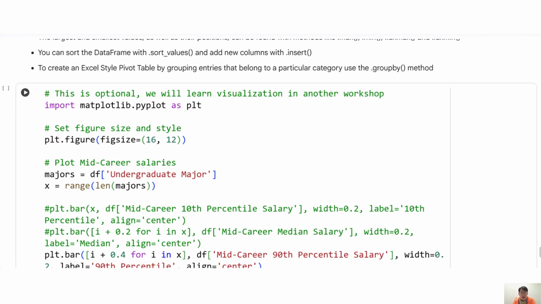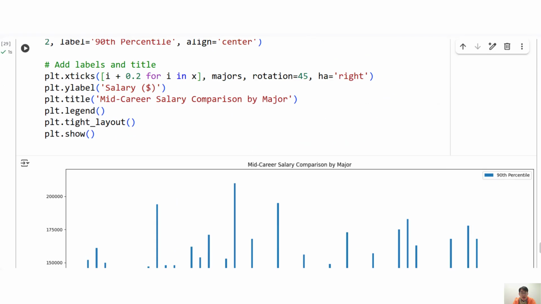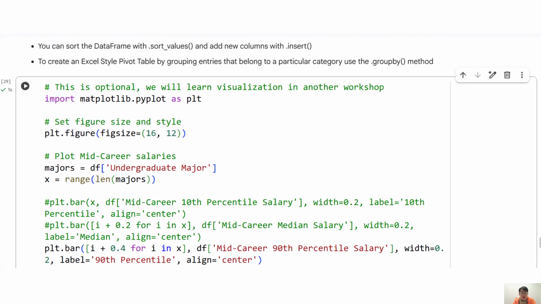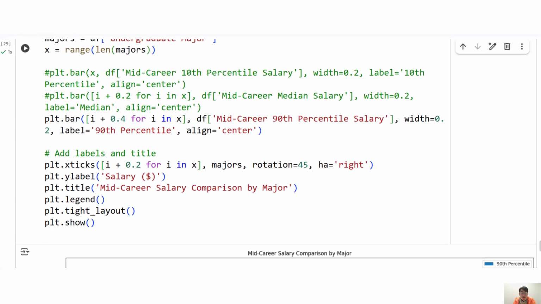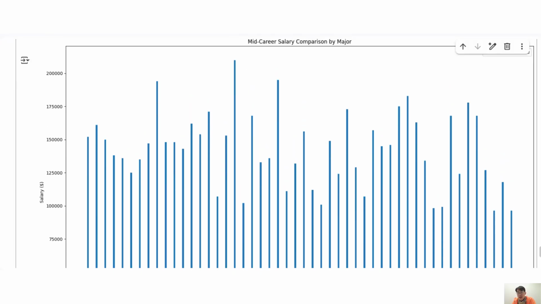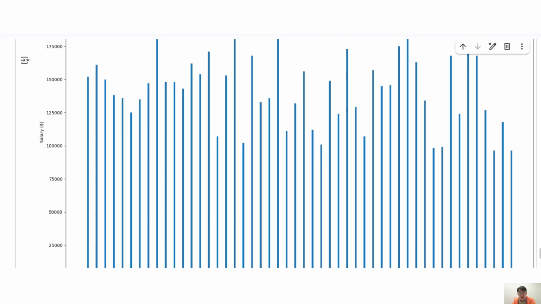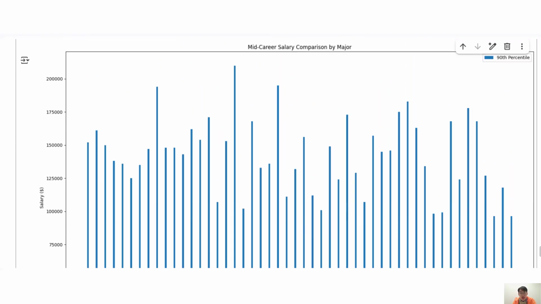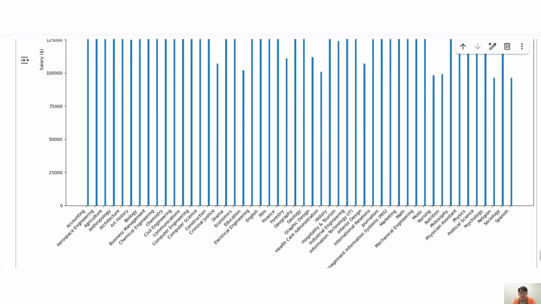Nice. Okay, the last thing we want to do is visualize the data. If I use the Matplotlib library, I can visualize the data like this. You can always fine-tune it, and maybe you just need to visualize some of them. But just to give you a picture, for the 90th percentile column and so many different majors, who is the highest?